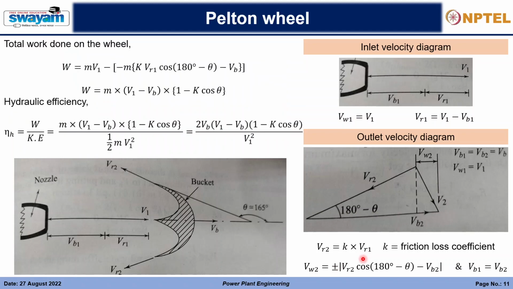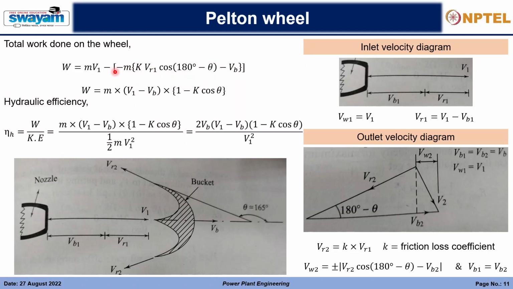So moving forward, if we calculate the total work done on the wheel, how can we calculate? By calculating the change in momentum. So this change in momentum is m, but m is not the kg, it is kg per second. So change in momentum with respect to time, that is the force, right? So this is m[v1 minus k vr1 cos theta1 minus (180 minus theta) minus vb].